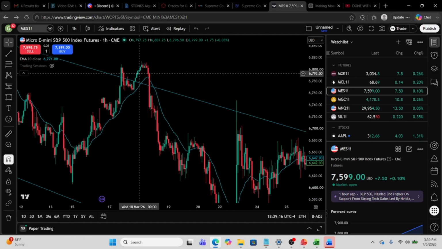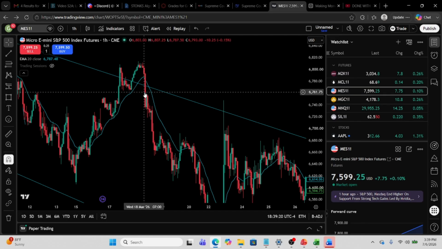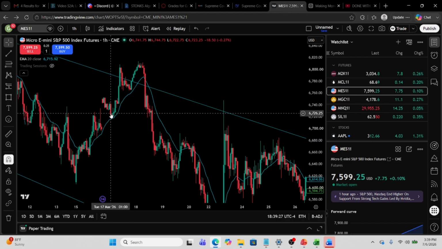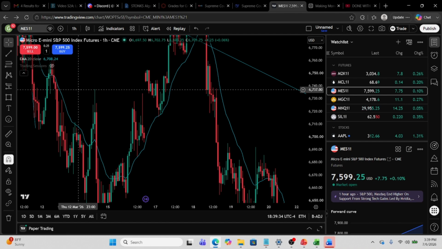So right here you see the market traded to the trend line, and then it reversed. Obviously, this is going to be the best price you get in at, right? But we also have a fair value gap right here. Is this a good fair value gap to take? Not necessarily. Why?